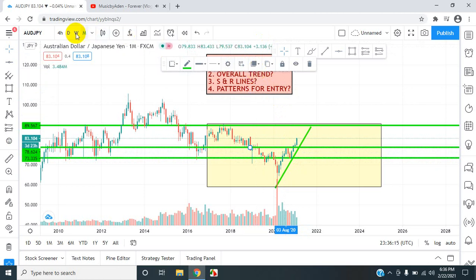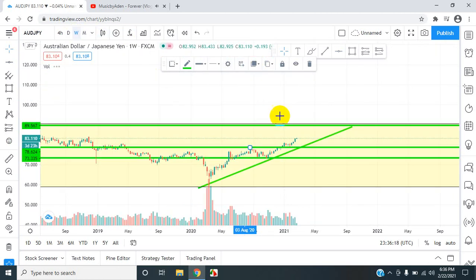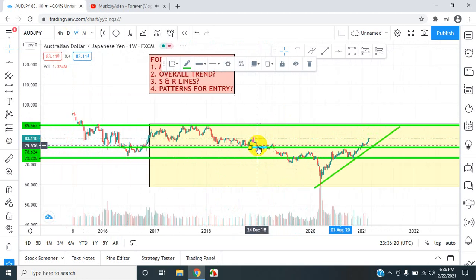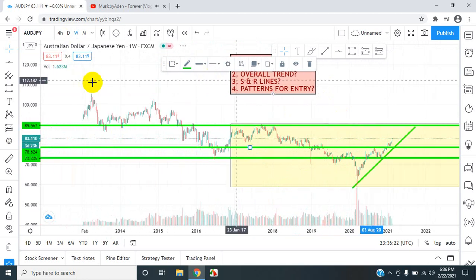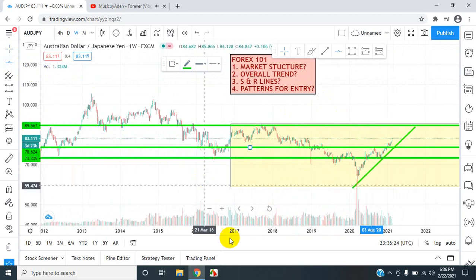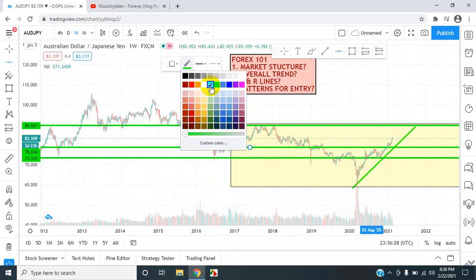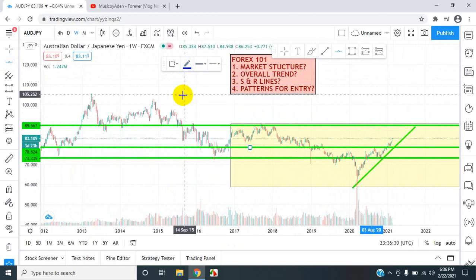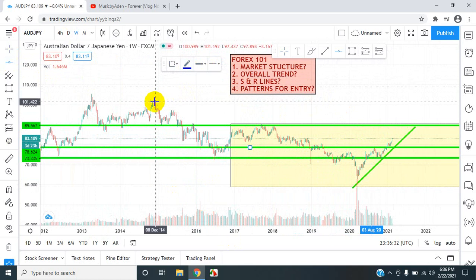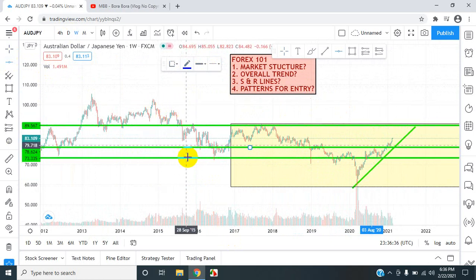We're going to go down the time frame to our weekly time frame. We're going to add our SR lines on the weekly time frame. So we're looking for peaks inside of our green lines. So we have a peak here.